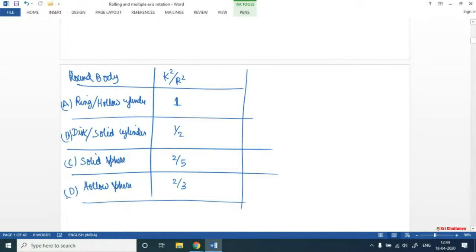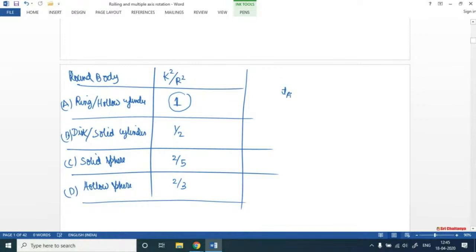So if somebody asks, if we roll all these bodies down the incline, which is going to take the greatest time and which the smallest time, arrange in ascending or descending order, and what would be their final velocities arranged in ascending and descending order. For example, if we compare the time, the value of k square by r square would be greatest for the ring or hollow cylinder, so tA would be greatest.